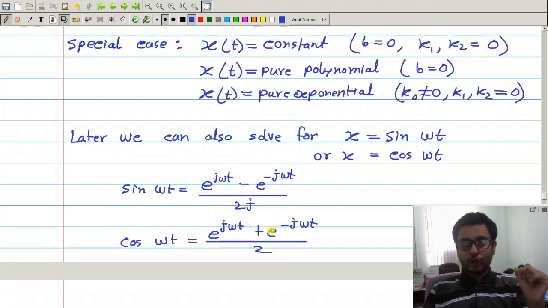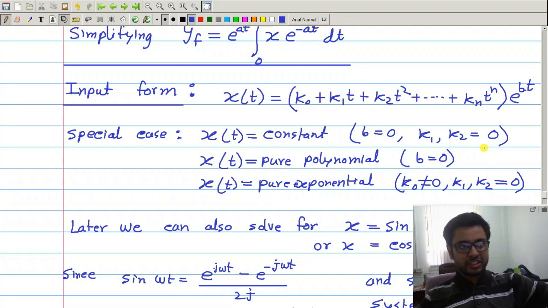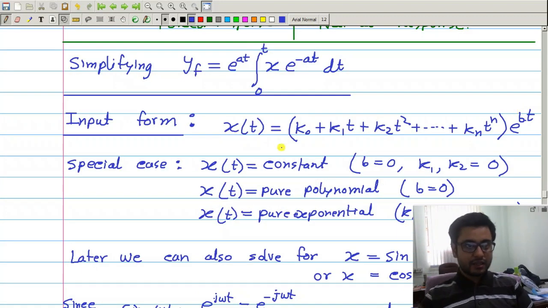So by virtue of linearity, later we can also solve the output for sinusoidal or cosinusoidal inputs. So we shall restrict ourselves to this particular form of the input. And now with this input form, let us simplify the expression for the forced response here.